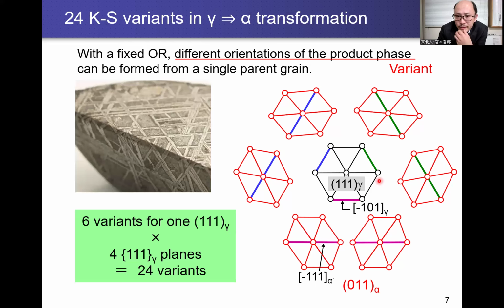And there are three close-packed directions in one austenite plane. So totally 6 variants satisfy KS orientation relationship for one austenite plane. And there are 4 austenite planes in FCC structure. So eventually 24 variants can be formed in a single austenite grain. So this is called the variant.